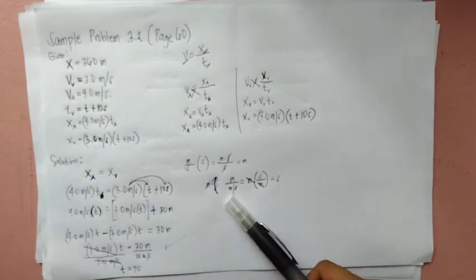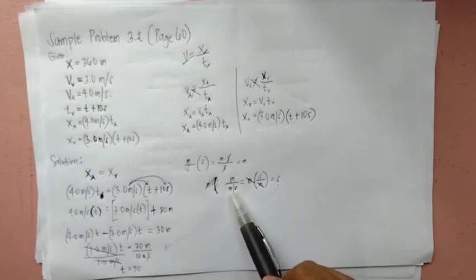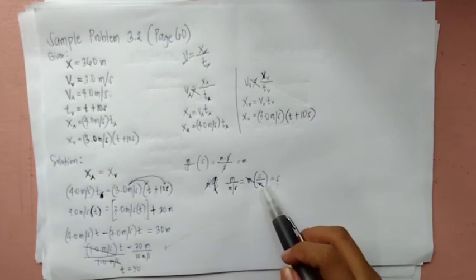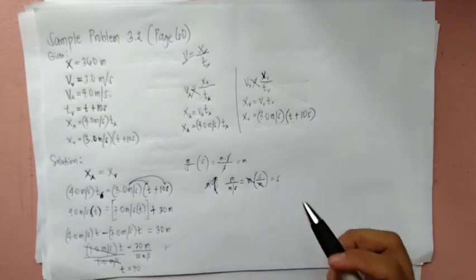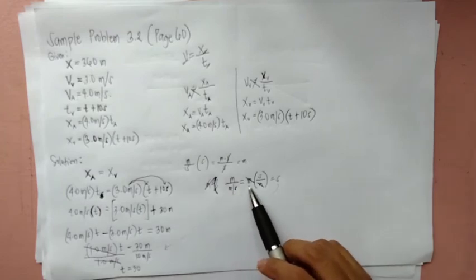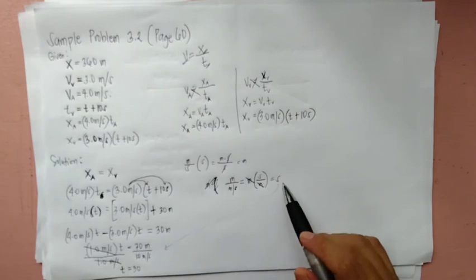Okay, what happened to the unit? So, this is the process. Meter divided by meter per second. You can have it multiplied, but change the positions of s and m. Since you are multiplying, instead of m in the numerator, it goes to the denominator and s to the numerator.